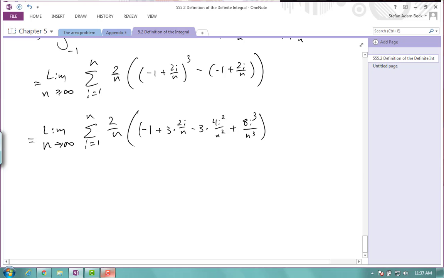Plus, since a negative and a negative will cancel, plus 1 minus 2i over n. And just because I can, why don't I go ahead and factor this 2 over n outside of my sum first.